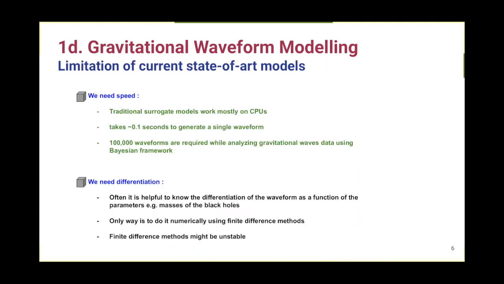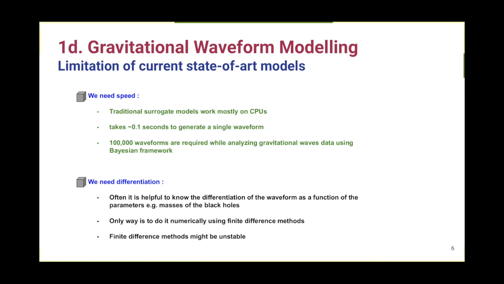Okay. However, the surrogate models that we have have certain limitations. So one is, these surrogate models, by the way, are very fast. While a numerical simulation takes a day to a month, this surrogate model can generate the same waveform in less than 1 second.